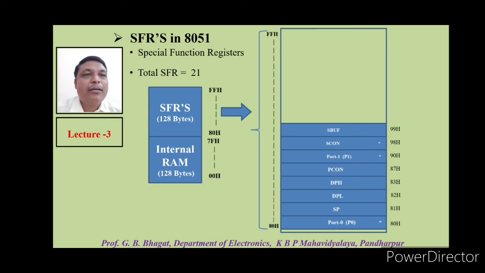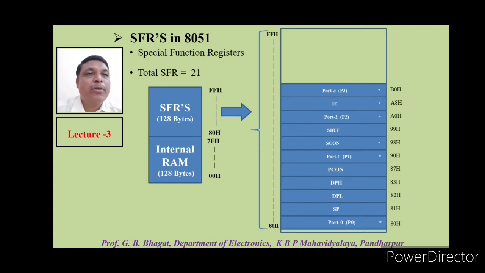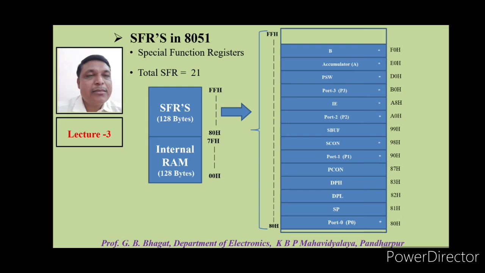Like this, there are various SFRs such as port 2, then IE, then port 3, PSW, accumulator, then register B, and so on. But these SFRs do not have addresses in proper sequence, because in between some of the bytes are kept blank.